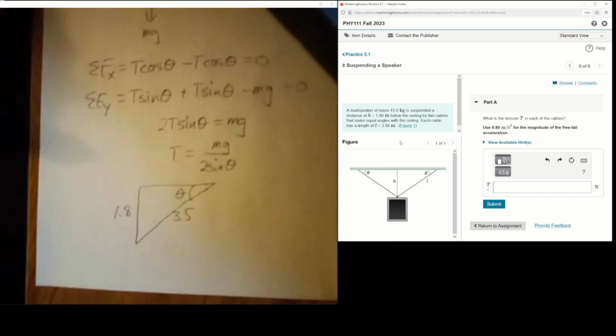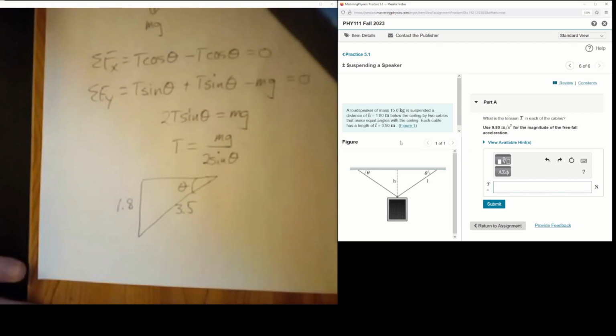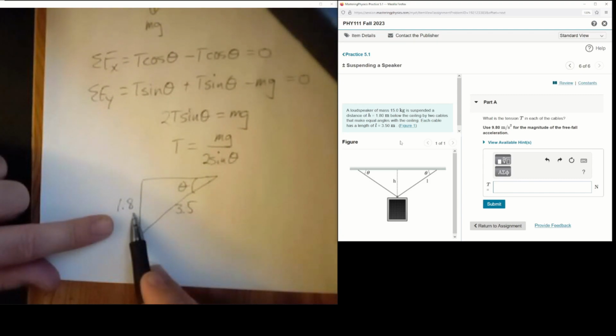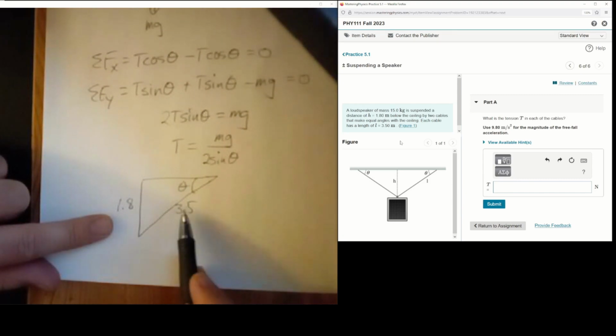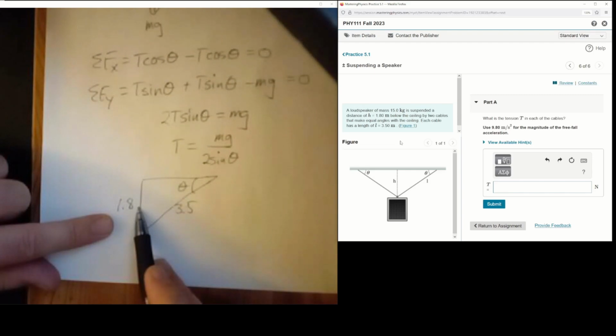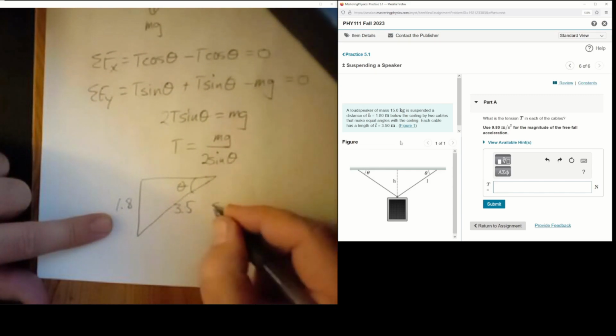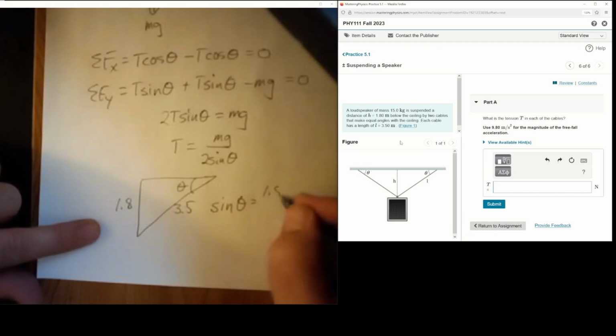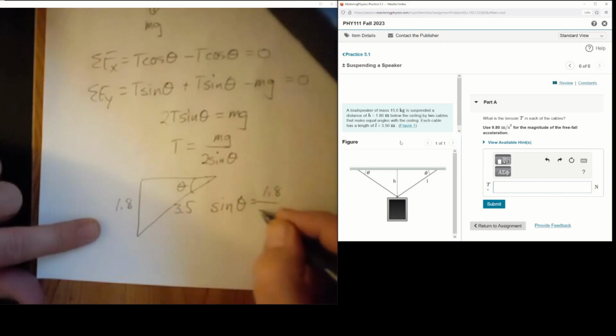Oops, there's my picture there. So we have these two legs, hypotenuse and the opposite. And what relates the angle, opposite, and hypotenuse is going to be sine. Sine is the opposite over hypotenuse.